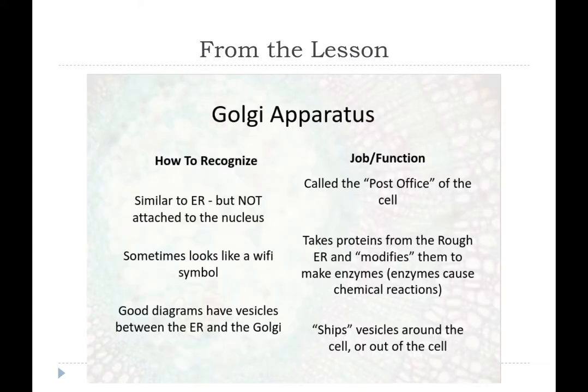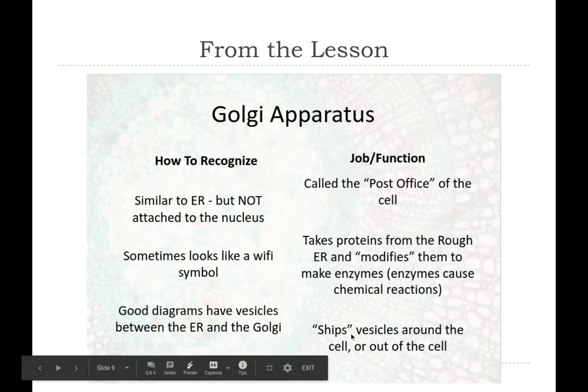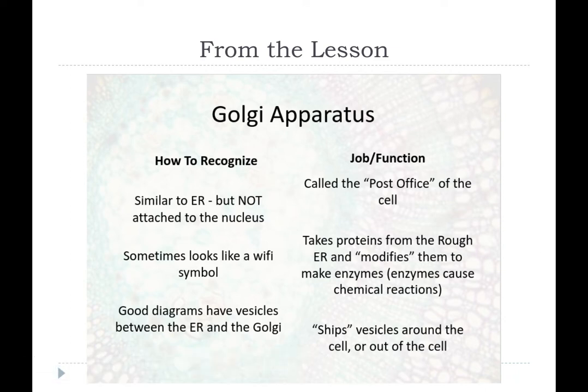In the lesson, for the Golgi apparatus, bottom right, you can see that I gave you the information that the Golgi apparatus ships vesicles around the cell or out of the cell. So if you took all of the notes that were available to you, you would have written down that vesicles carry stuff around the cell and carry stuff out of the cell.